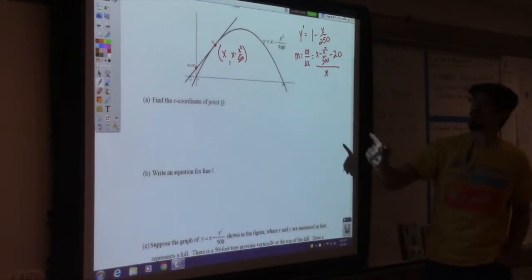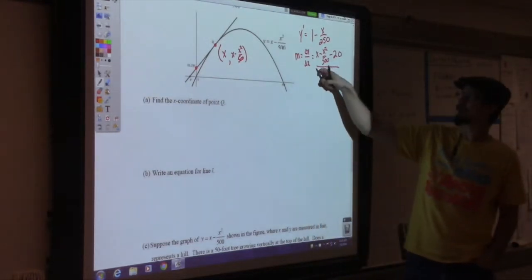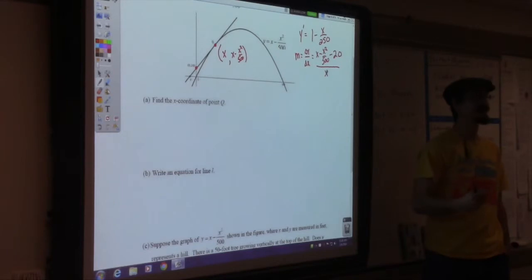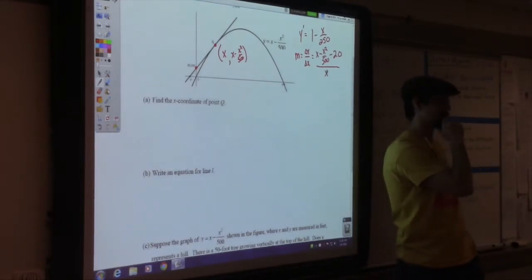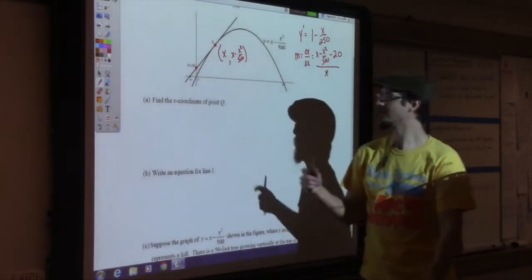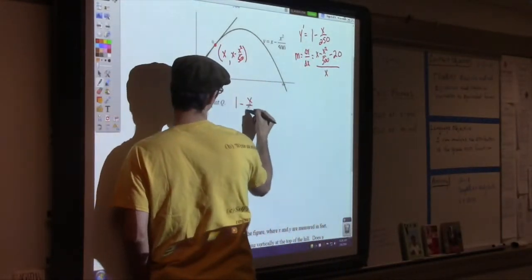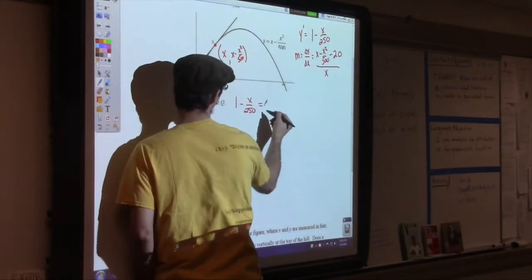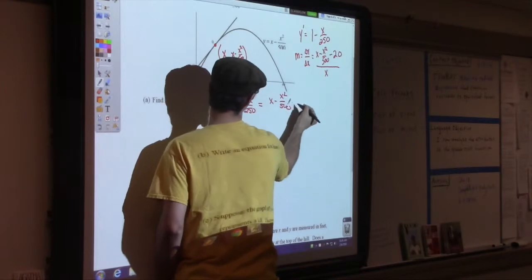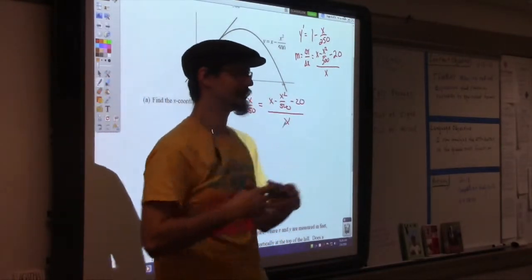And what do you know about the slope of line L compared to the instantaneous rate of change of y at the point Q? Those two things are equal to each other. Your job is to set 1 minus x over 250 equal to x minus x squared over 500 minus 20 over x.